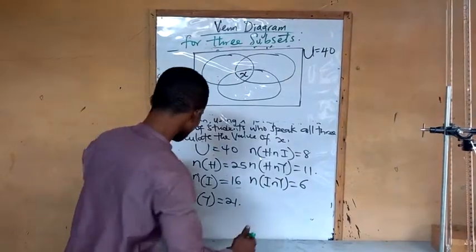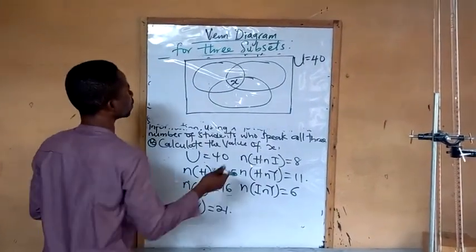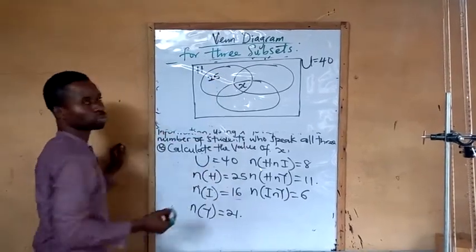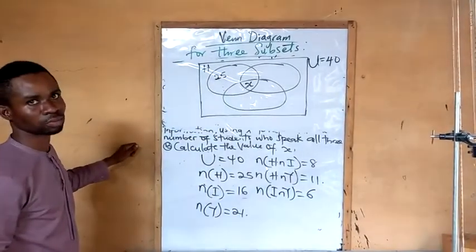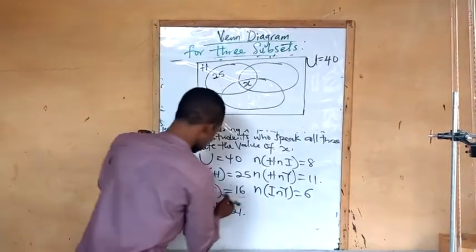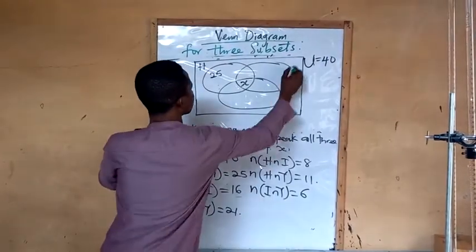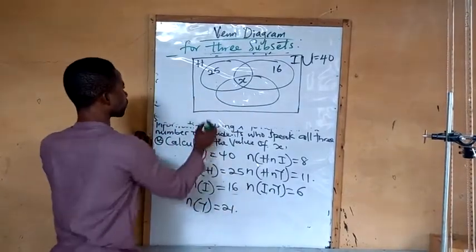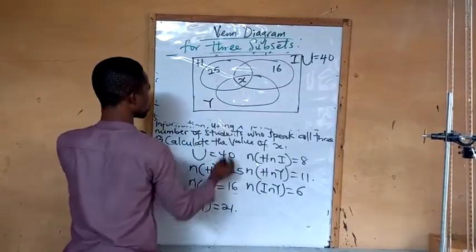Now, for Hausa, we have 25. Like I told you, this can be our rough diagram. For Igbo, we have 16. For Yoruba, we have 21.